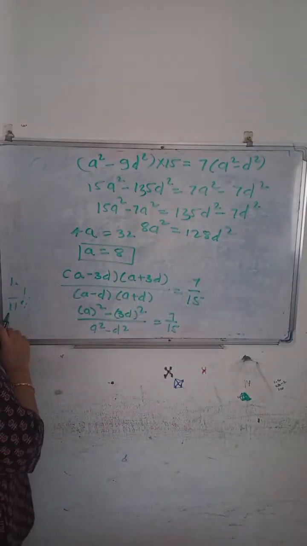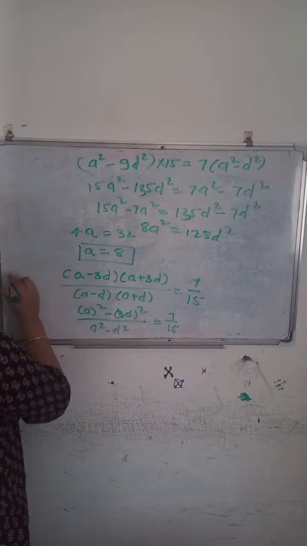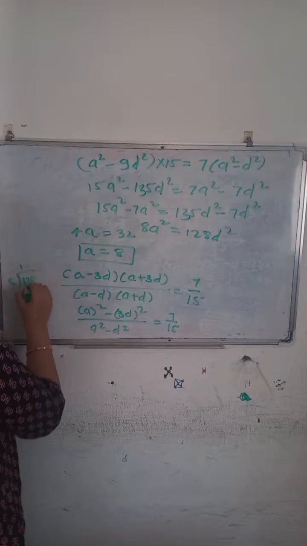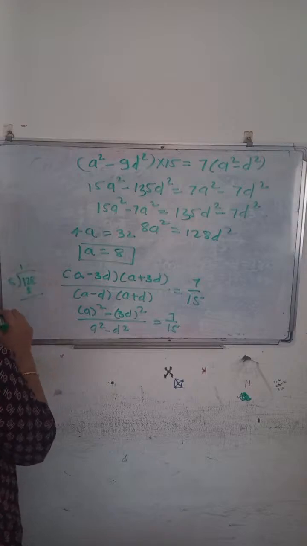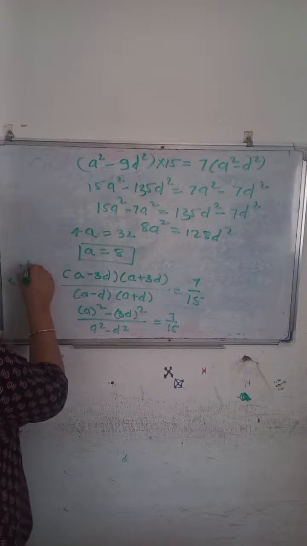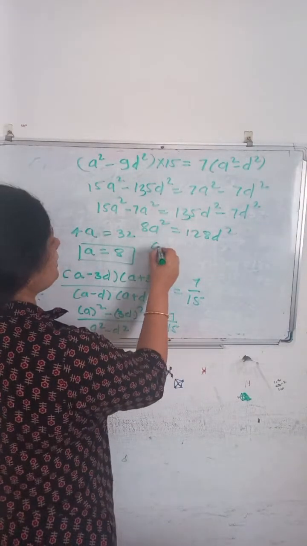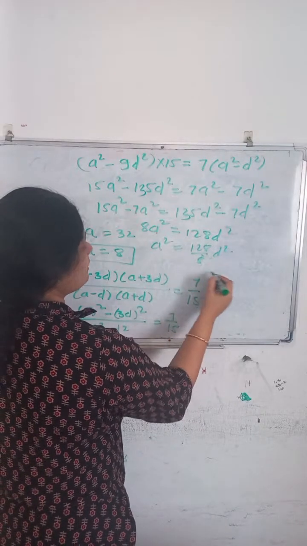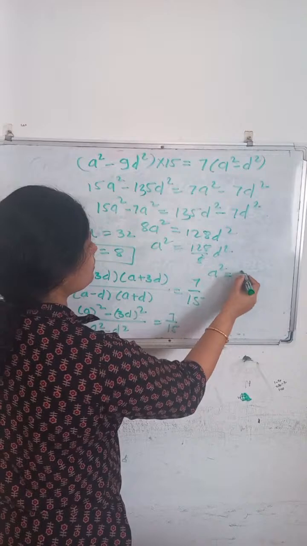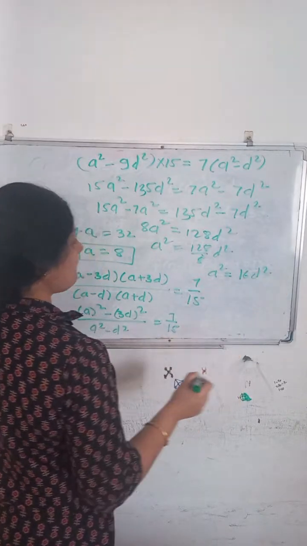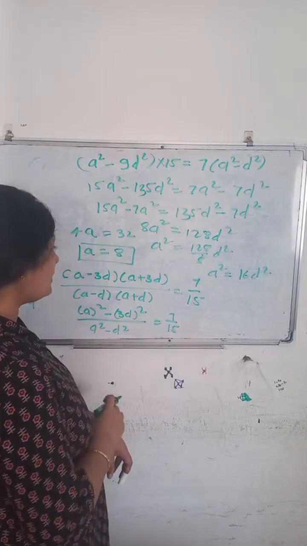Okay, so now check. Do the division. Can we divide? Are we getting a whole number? Is it 16? Okay, a square is equal to 128 by 8 d square, that is a square is equal to 16 d square. Okay, and now a, we got it as how much?